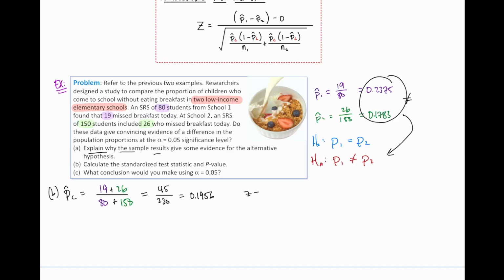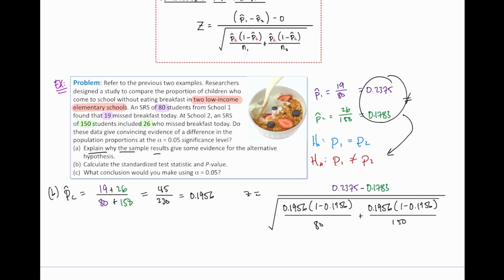statistic z-score equals, let's just pause it again. Here is the entire thing added up, plopped into our formula. Just taking this value here as our p sub c, taking our n1 and our n2 here as our sample sizes.